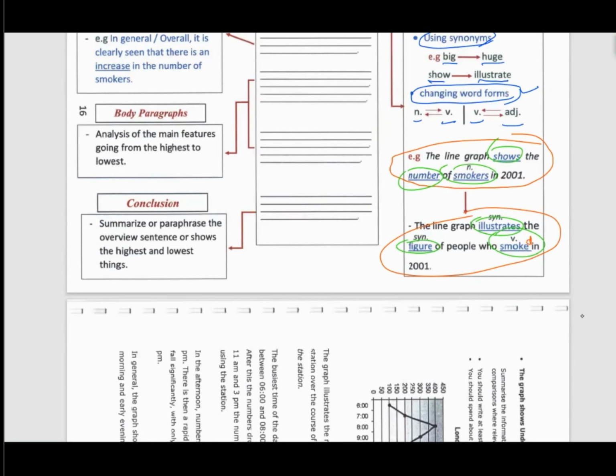Now, if you want to change the form, you need to change the order of words and the structure of the sentence within that word. So of smokers in 2001, of people who smoked in 2001. So you need the relative pronoun here, relative pronoun who. People who smoked. So the two ways are used here, synonyms plus changing the word form.